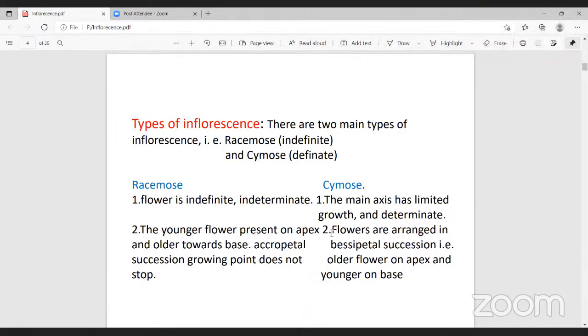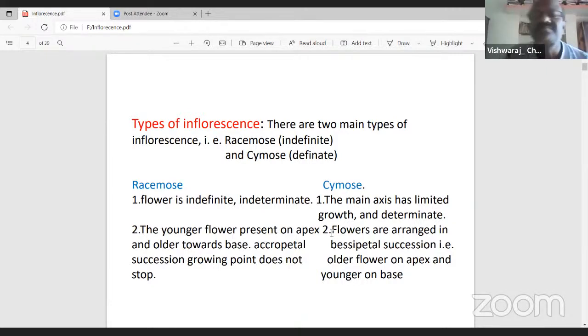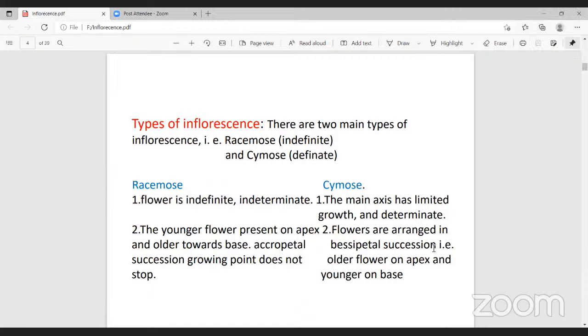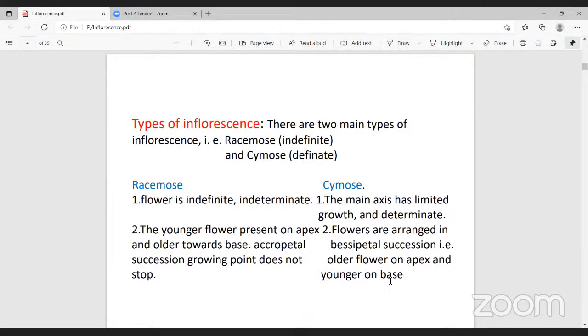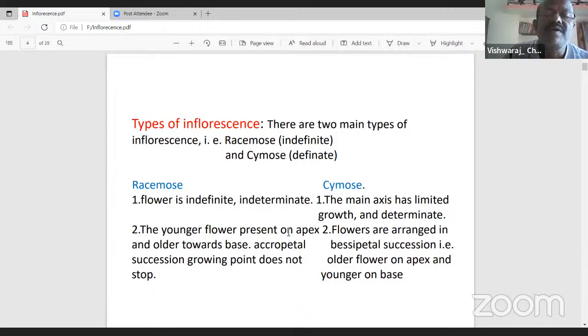This is in racemose inflorescence. Otherwise, in cymose inflorescence, flowers are arranged in basipetal succession. Basipetal succession means older flowers at the apex and younger ones at the base. It is the opposite. In racemose, younger flowers are at the apex, but here older flowers are at the apex.